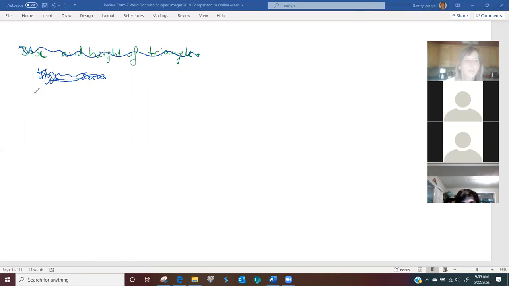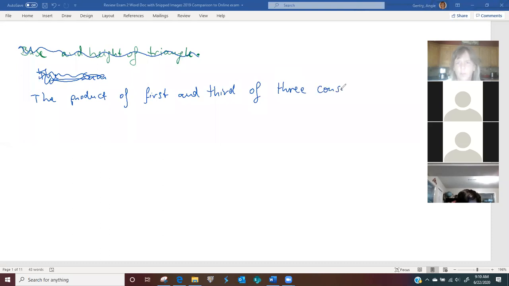Bummer. Because sometimes it'll say, I'm just going to translate, and we're not going to get a good number out of it. But what if it says, the product, and you don't need to write this down, of the first and third of 3 consecutive odd integers is 2 less than 3 times the second.